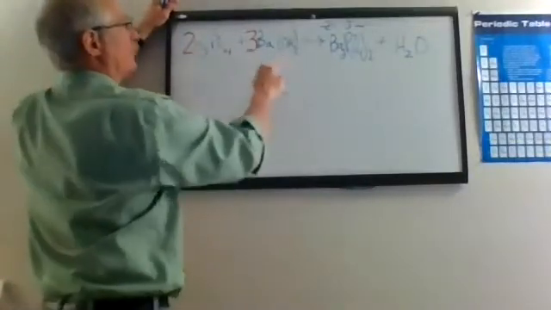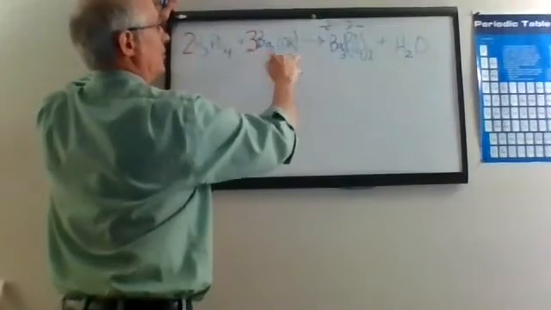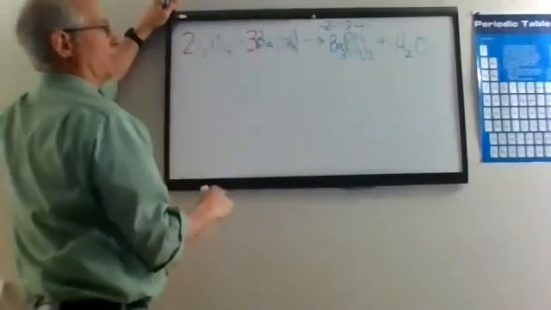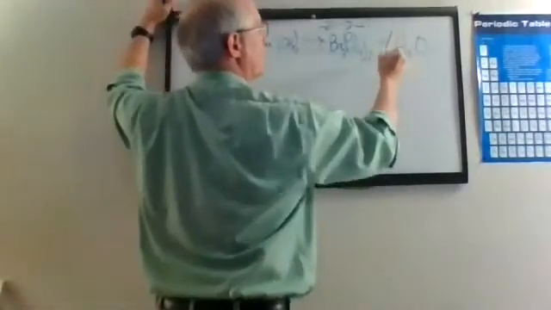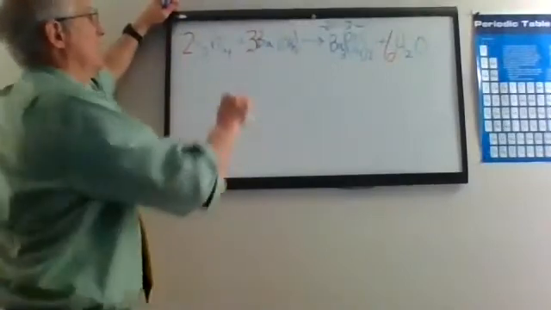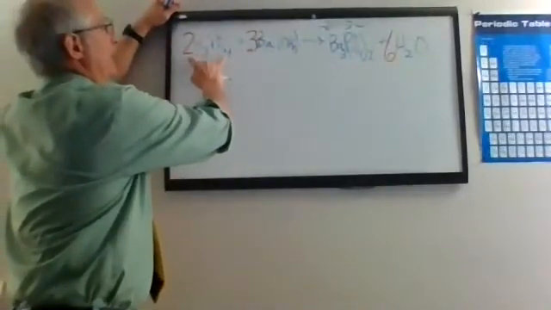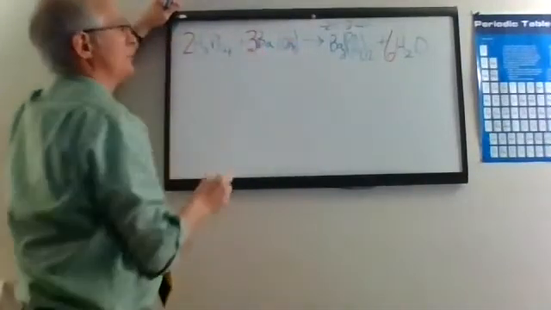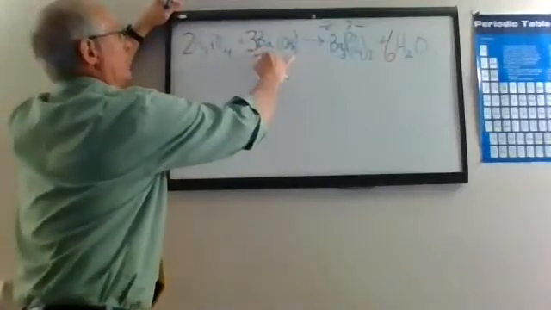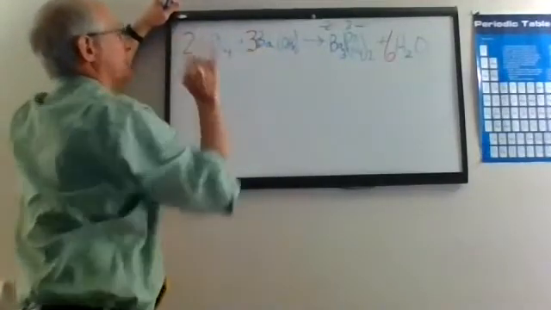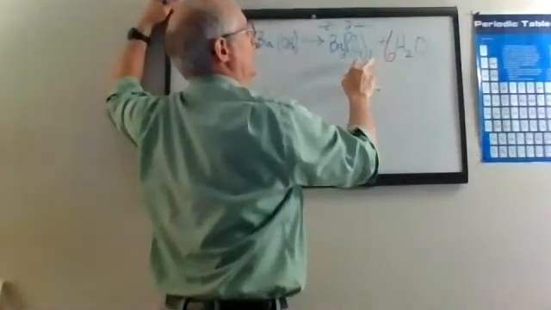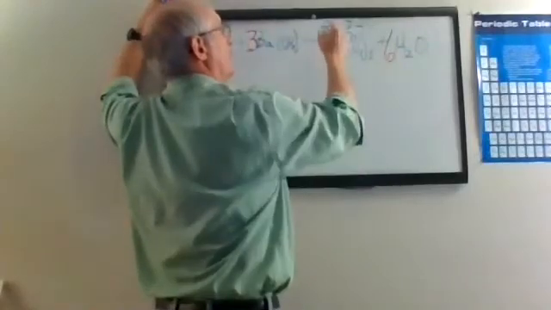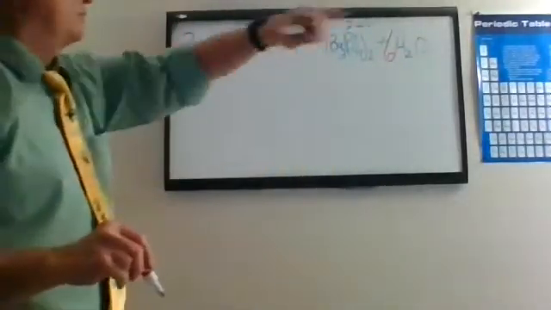We've got 6 hydrogens, and we've got 6 more, because 2 times 1 times 3 is 6. 6 and 6 makes 12. Now we got 12. Then oxygens, we've got 8, and 2 times 1 is 2, times 3 is 6. 6 and 8 make 14. And here we've got 8 and we've got 6. That makes 14. So that's what it is.